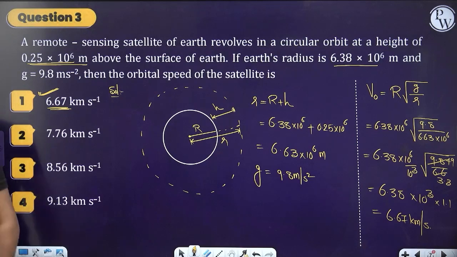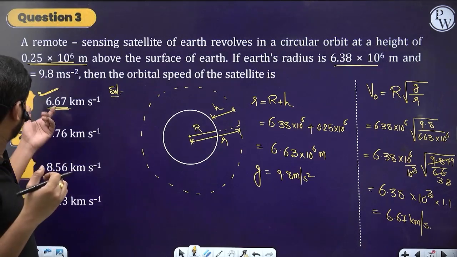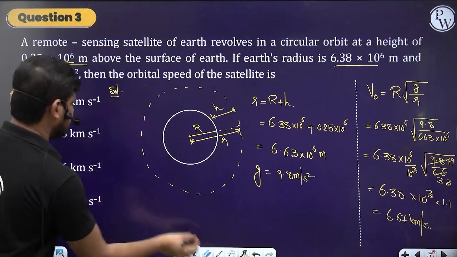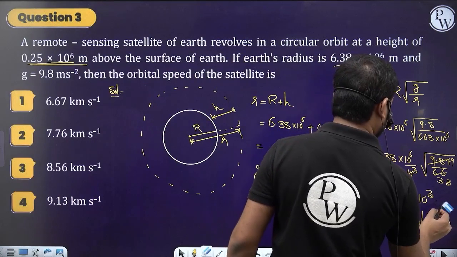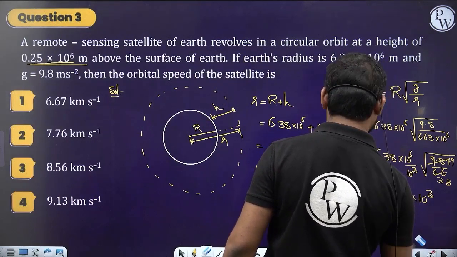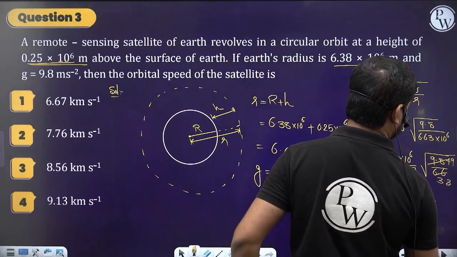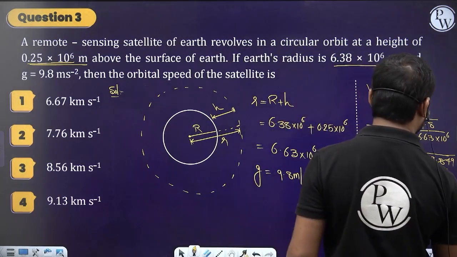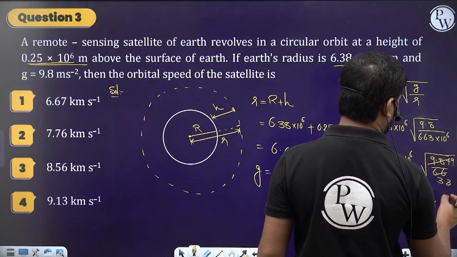Okay, one more value is also close, so let's solve it better. This is already 6.38 into 10 to the power 3 into root of 49 by 33. Or else let's write something like root of 1.12.